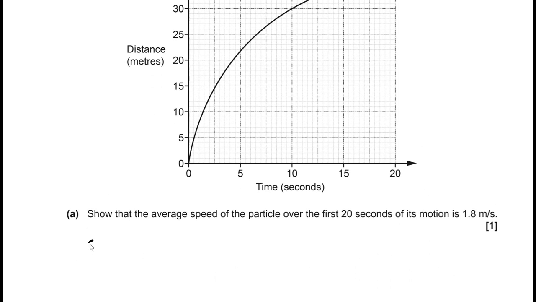So for the speed, we've got the distance, 36 meters, divided by the time, 20 seconds. And if we work this out, we get 1.8 meters per second.